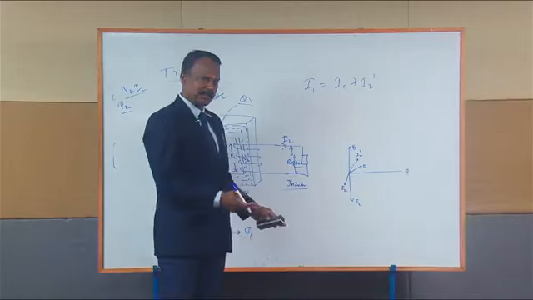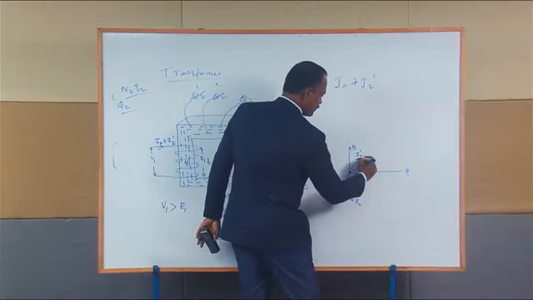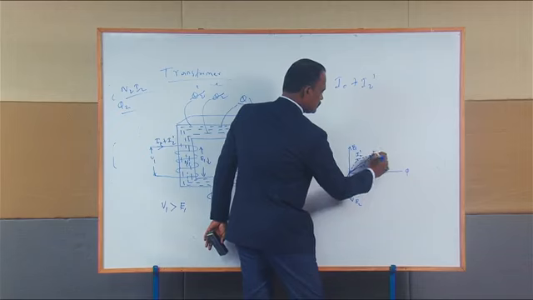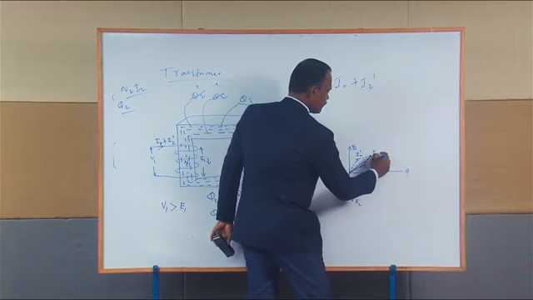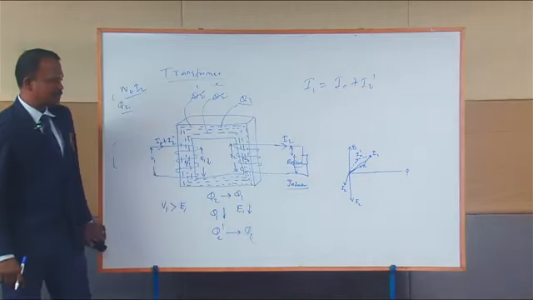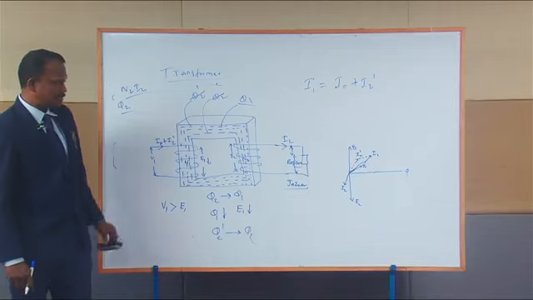It is a vectorial sum of I0 and I2 dash. I'll draw the parallelogram here, this one and this. Then I draw this. This is my I1. Now I1 again is a vectorial sum of I2 dash and I0.